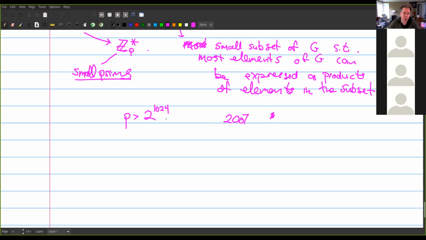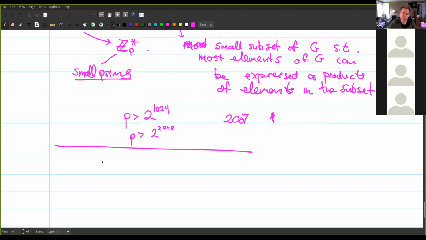They were making steady progress on this problem, so I would think that even this is probably not safe. I don't know. I would prefer P greater than 2 to the 2048. So the prime has to be really big, and it's because of the index calculus.